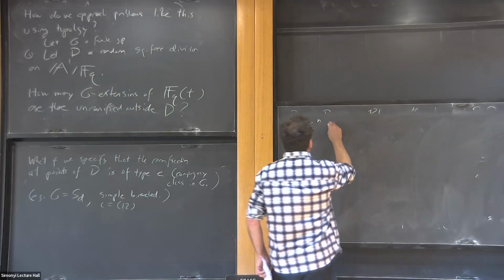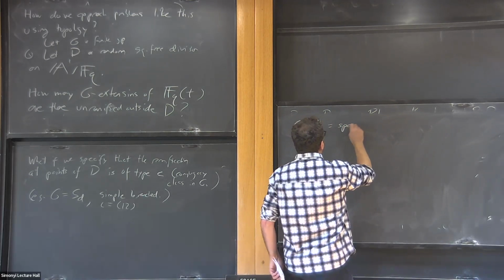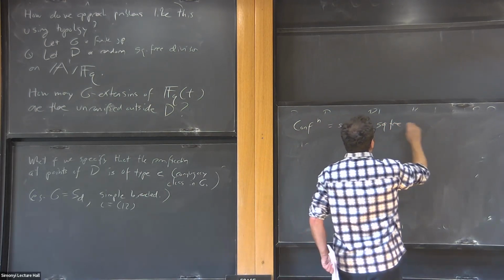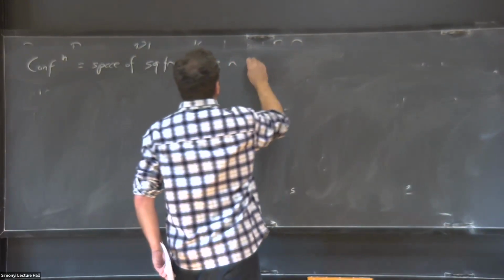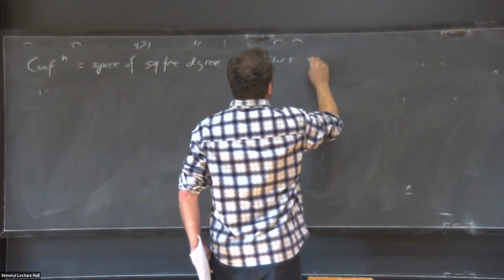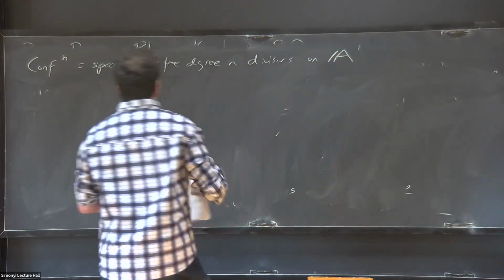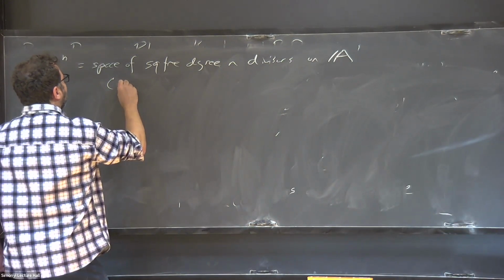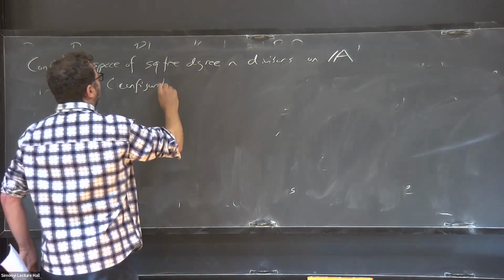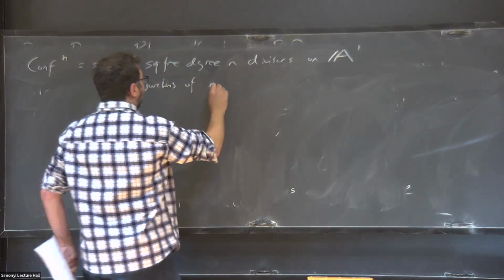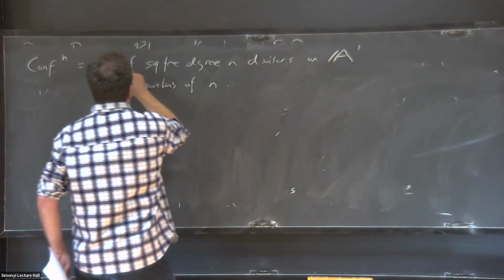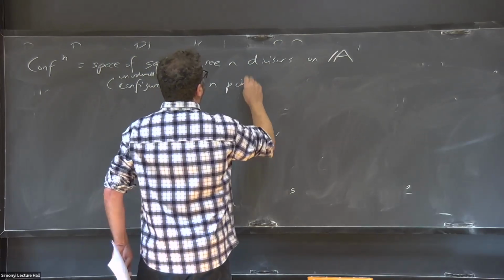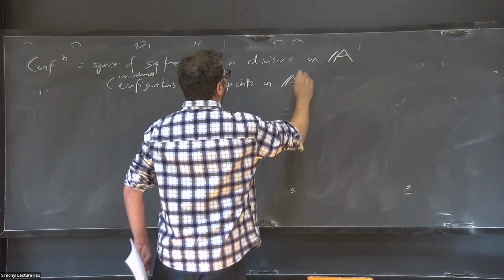By Conf n, I just mean the space of square-free degree n divisors on A1, which you can also think of as, this is why it's called that, configurations, geometrically speaking, unordered configurations of n points on A1.